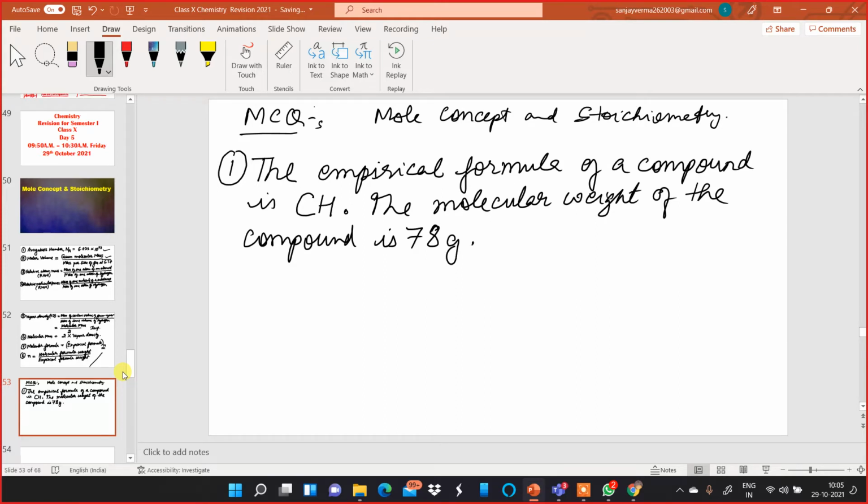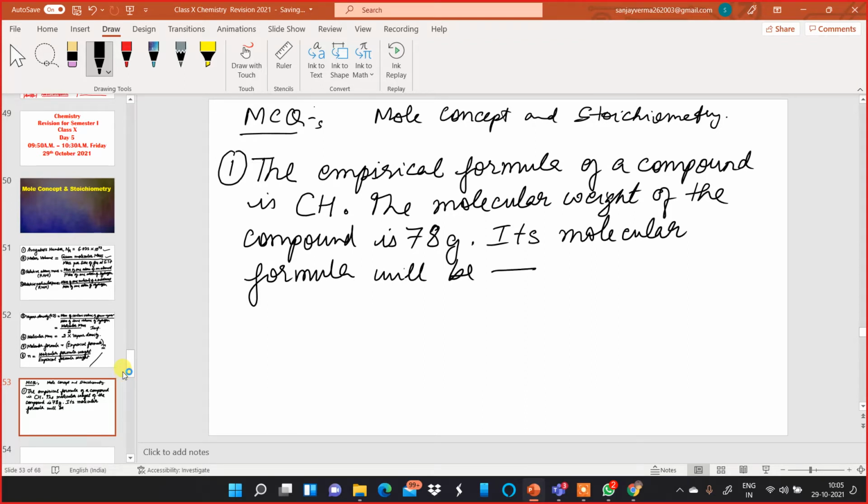Full stop. Its molecular formula will be dash. Options are given.